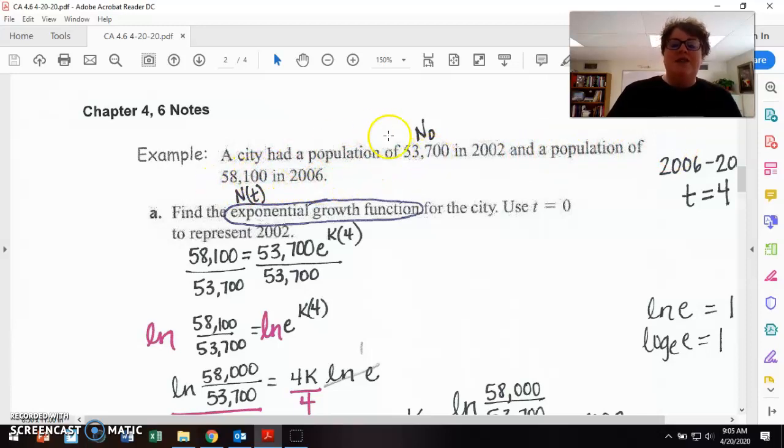That means our N naught is our starting point, 53,700. And then our t is going to be 4 years, from 2002 to 2006. Now when we're creating our function, our N of t is our ending point, so N of t is 58,100.